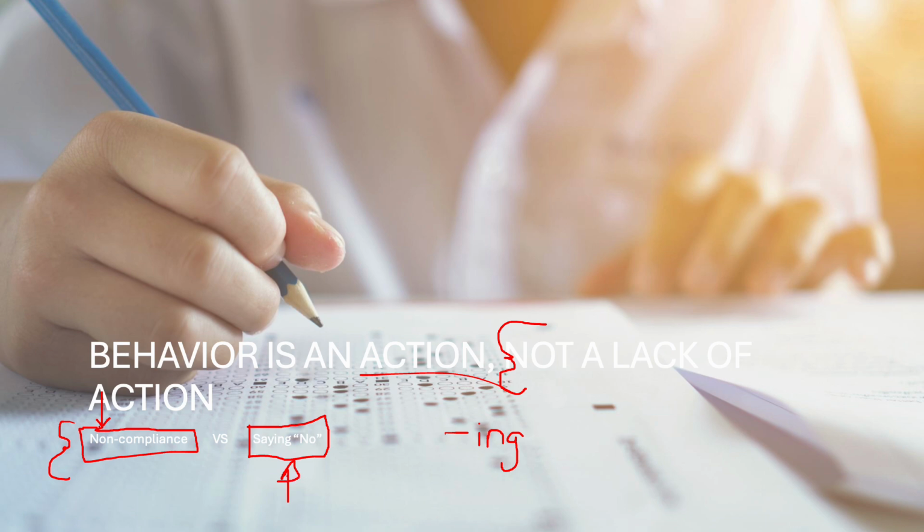We could define what that means, or we could refer to it as task refusal, for example, because task refusal specifies an action, a behavior that a person engages in, whereas non-compliance is the lack of a behavior, the lack of an action, and that does not meet the definition for behavior.